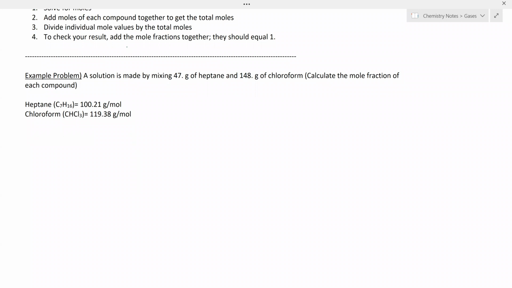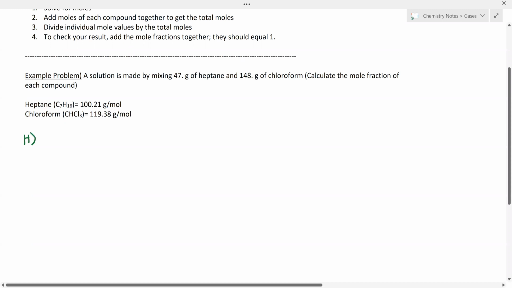So the first thing we want to do is convert to moles, right? We're given the grams. I'm going to keep track of this by H as my heptane. So we have 47 grams, right? Remember to keep track of sig figs, that's 2.